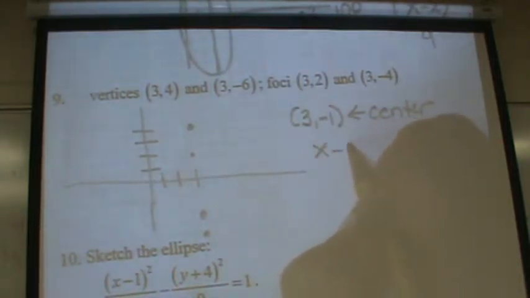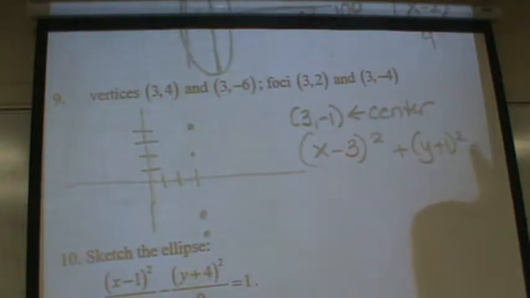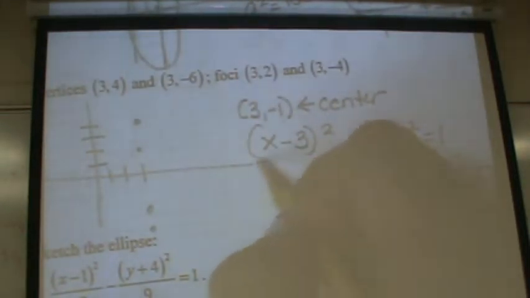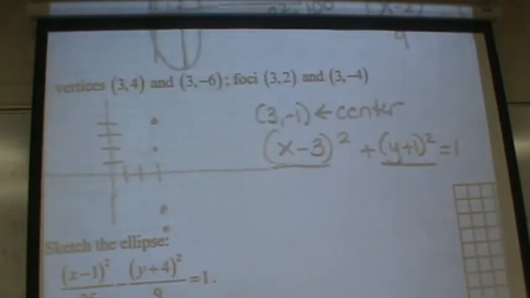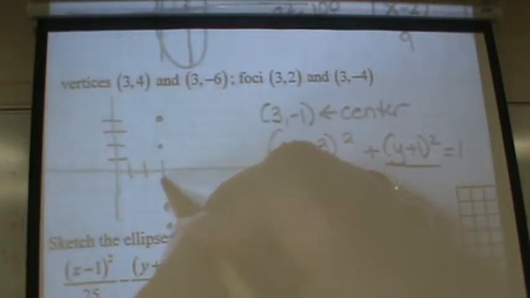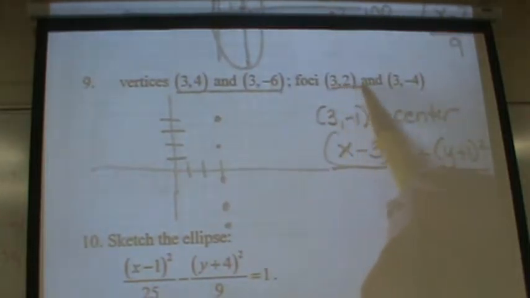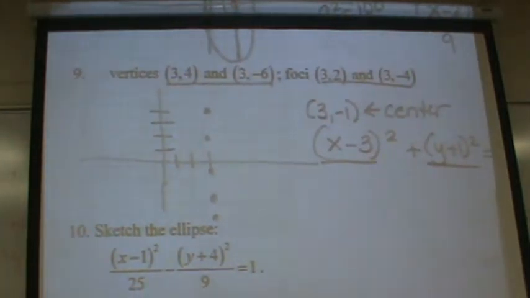So how do you put that in here? X minus 3 squared, and then y plus 1 squared. Okay, good. Now, what's my A value? Sam said 3, negative 1 is my center. She did the midpoint. You can either do the midpoint with those two or with those two, it didn't matter. 5.